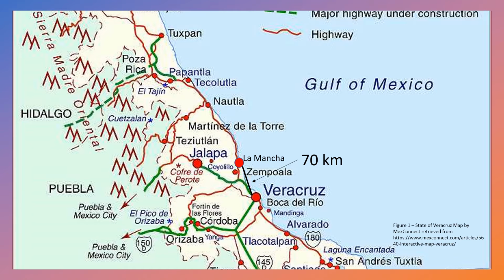Just to set the scene, the La Mancha site is located along the Gulf of Mexico in the state of Veracruz, about 70 kilometers northwest of the city of Veracruz. It's also worth noting that the data I'm using comes from the port of Veracruz.